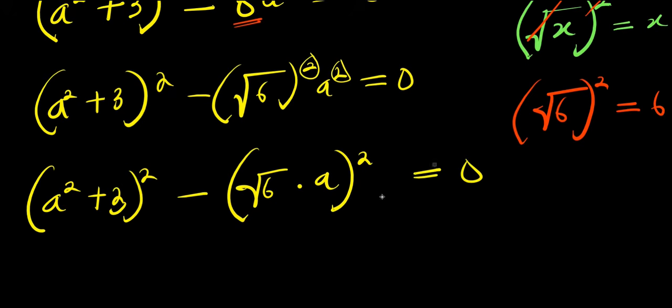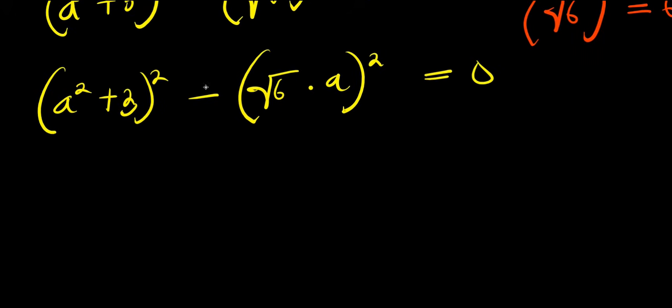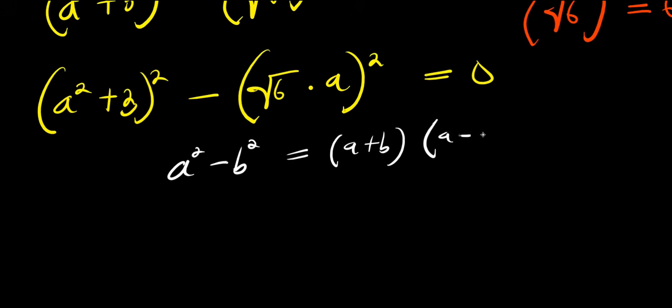So from here, what I'm going to do will be to apply difference of two squares. Remember, a squared minus b squared equals a plus b times a minus b.